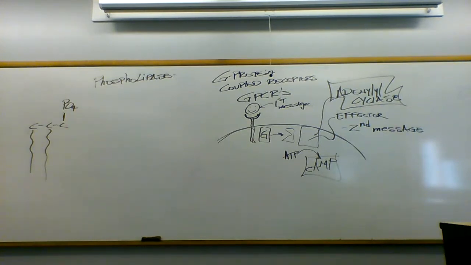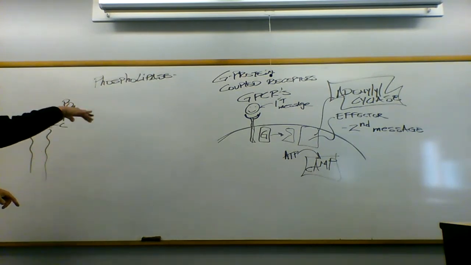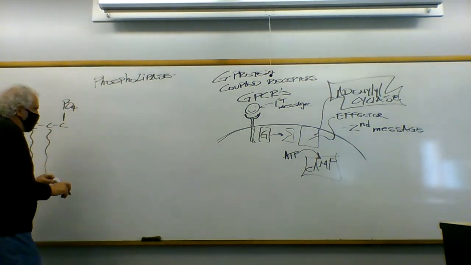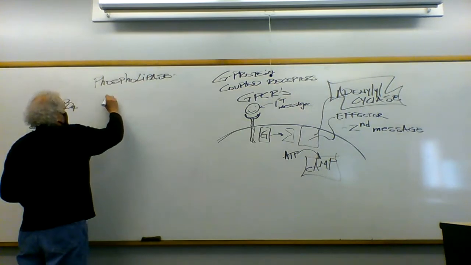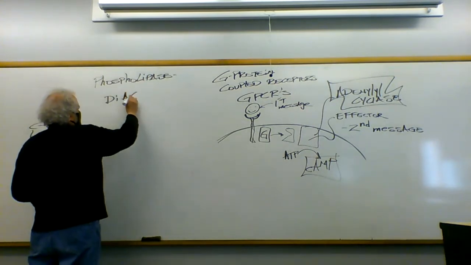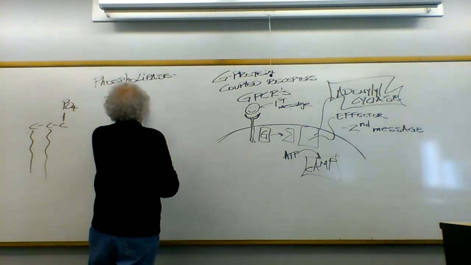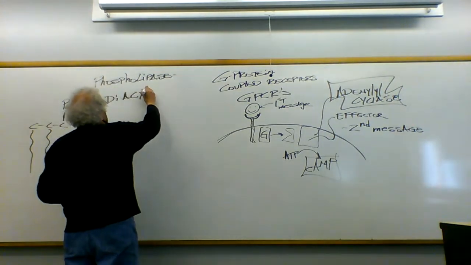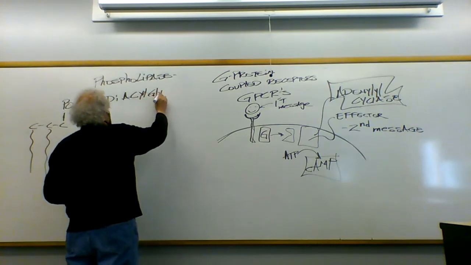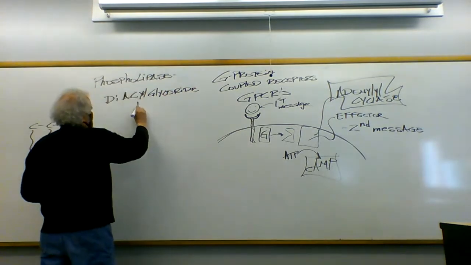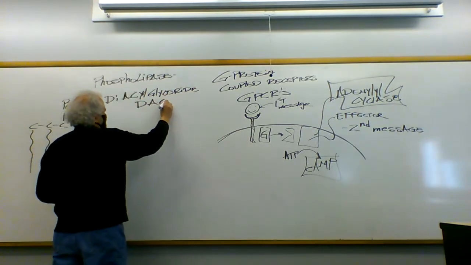Phospholipase is going to shave a little bit of a specific phospholipid that's in the membrane right by it, and it generates two different molecules. One is a molecule called diacylglyceride, which is, of course, abbreviated as DAG.